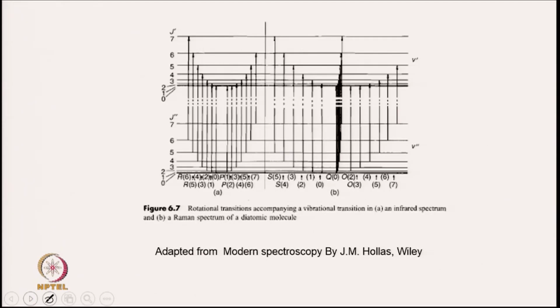If you look at infrared Raman spectroscopy for a diatomic molecule, you will have three different kinds of transition. So this is for diatomic. Take this case, where we are going from V double dash equal to 5 to V dash equal to 7.